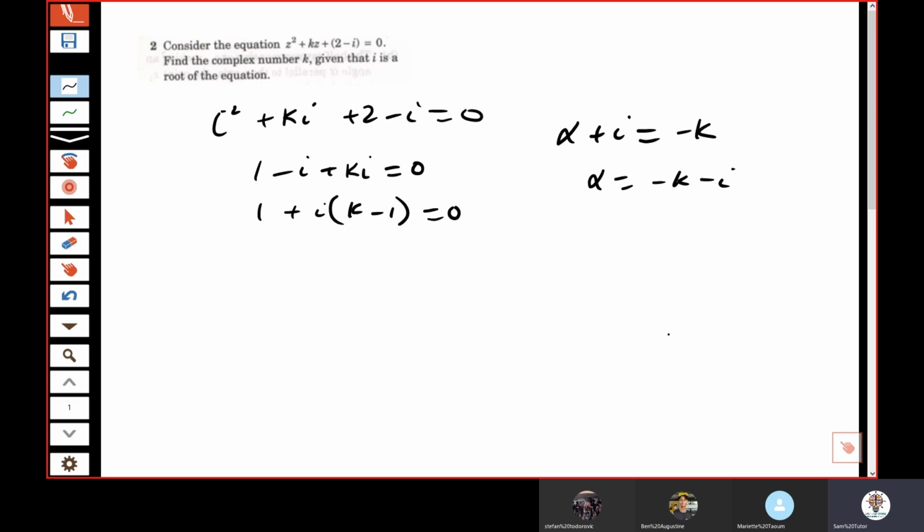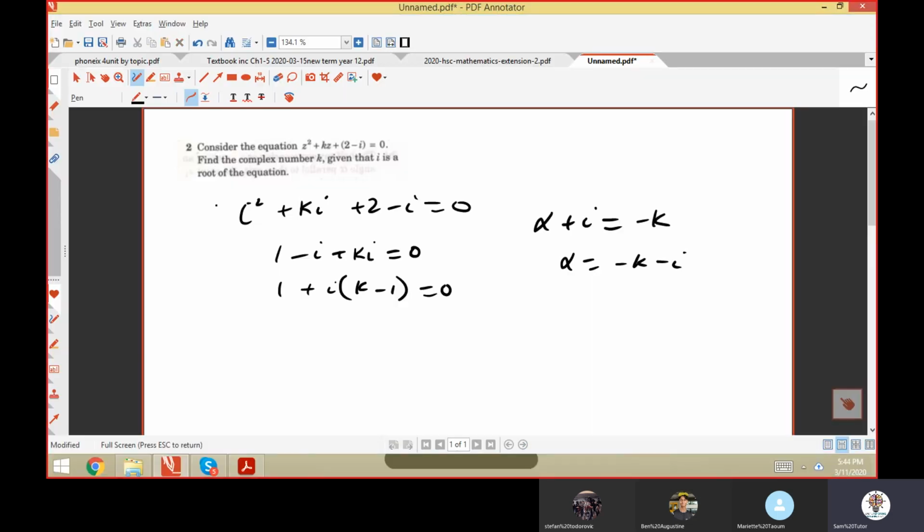So given that i is a root, I should just sub it in, which I have. But if I just say k minus 1 is equal to, something's weird. What is weird? It's so basic, I don't even know what's happening.